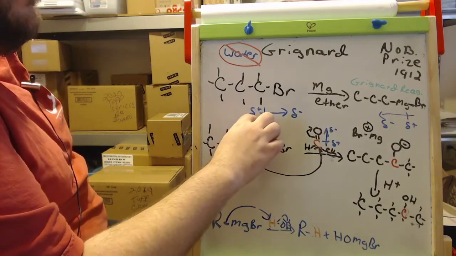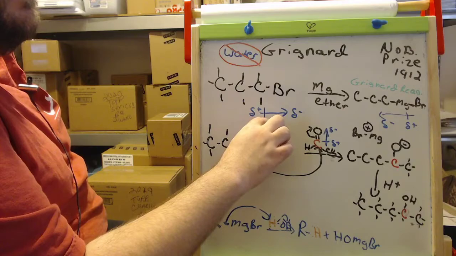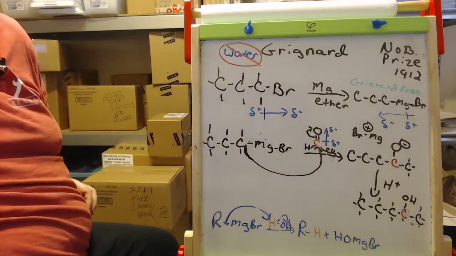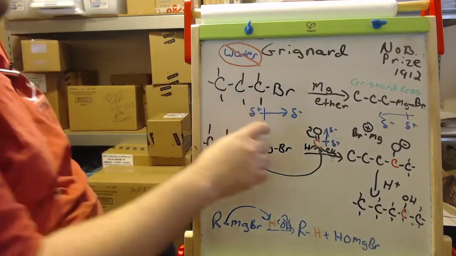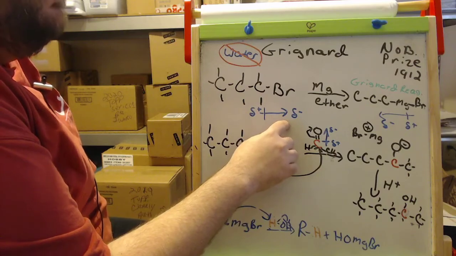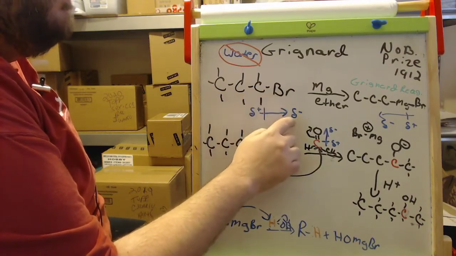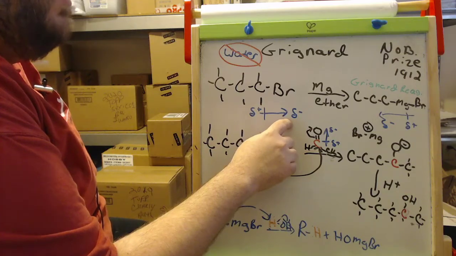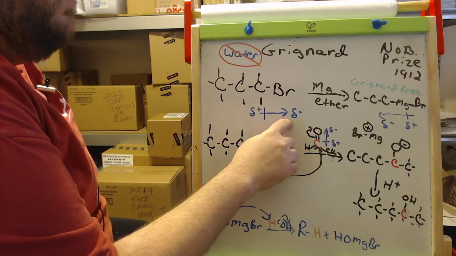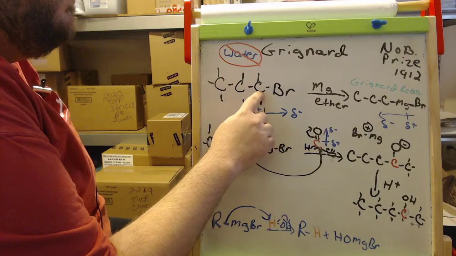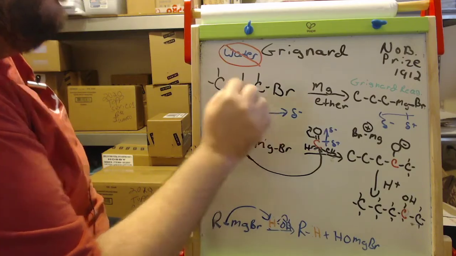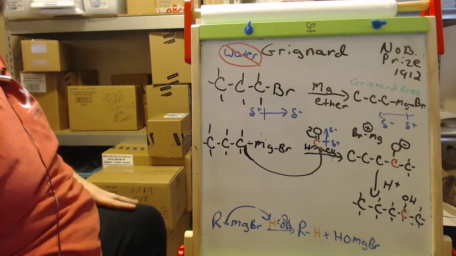We have to go back and remember that my alkyl halide is polar, bromine being more electronegative than carbon. Bromine's pulling the electrons towards it, partial negative charge. This carbon attached to the bromine has a partial positive charge.